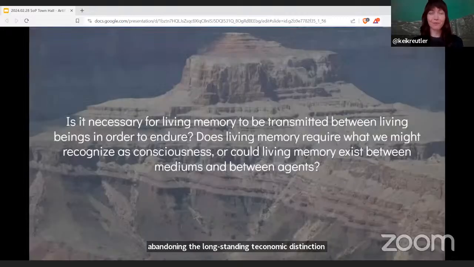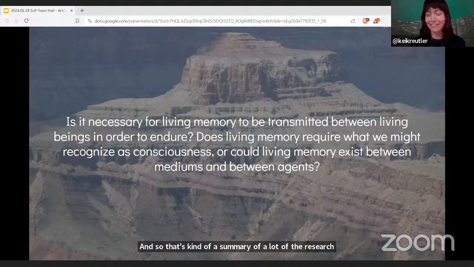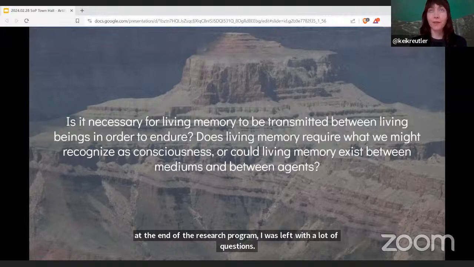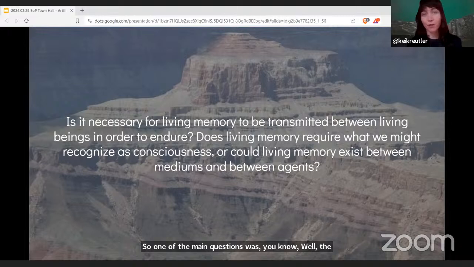So that's a summary of a lot of the research that I came to by end of August last year, inventing terms, coming up with this framework, etc. But at the end of the research program, I was left with a lot of questions. One of the main questions was, well, the answer seems obvious: why should humans care about remembering at all?